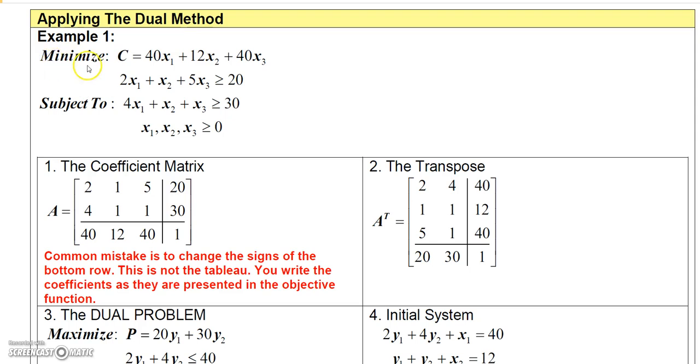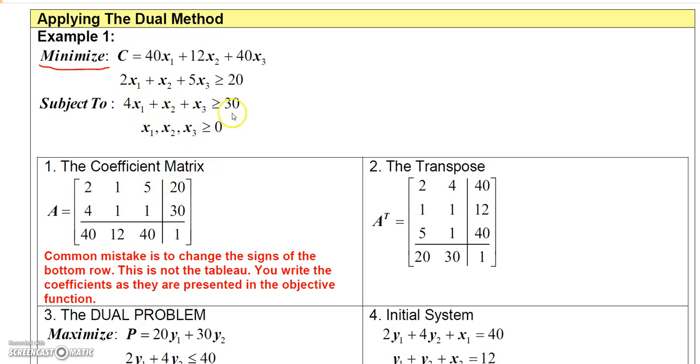So first of all, notice that I have a standard minimization problem here because I'm minimizing, and notice that both of my constraints here are greater than or equal to. Okay, so to write my coefficient matrix, I would look at my first constraint and I'd write 2 for the coefficient of x1, 1 for the coefficient of x2, and 5 for the coefficient of x3, and then 20 for the constant.